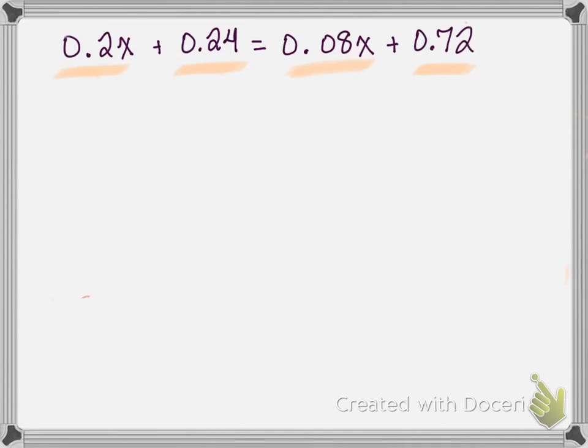I have one decimal spot and I have two decimal spots. When I have one decimal spot, I've got to multiply by 10. When I have two decimal spots, I've got to multiply by 100. Does 10 go into 100? Yes. So 100 becomes our least common denominator because I've got to take care of all the decimals.